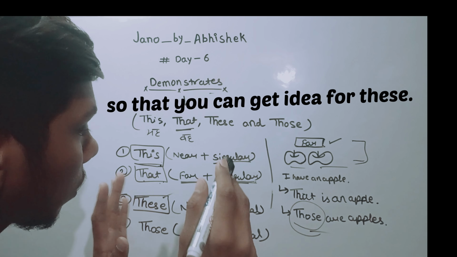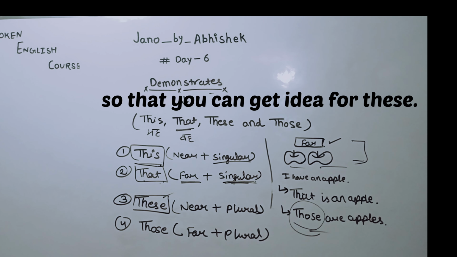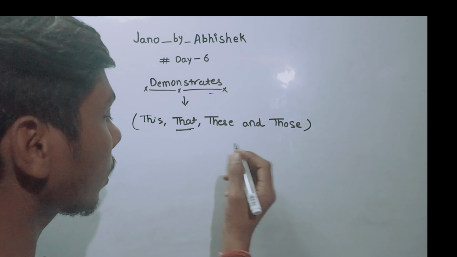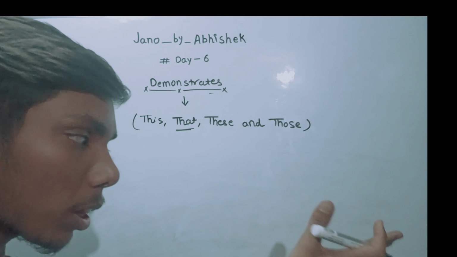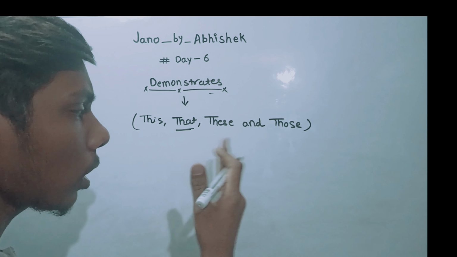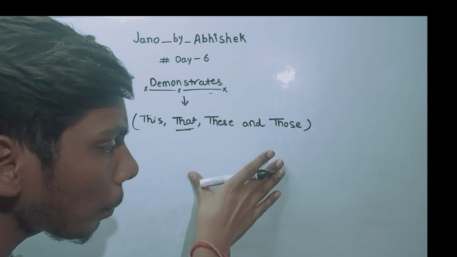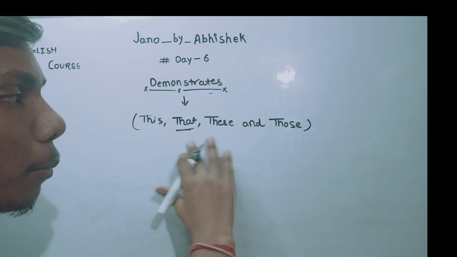Let's see a table so that you can get an idea of it. Okay, friends. So let's see. I'm going to make a table of what we learned, so it will be very simple to see the differences among these words.